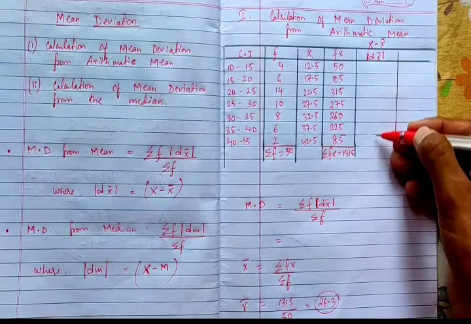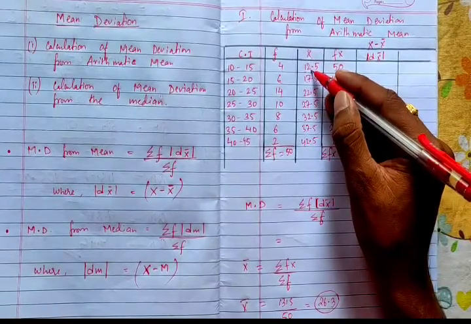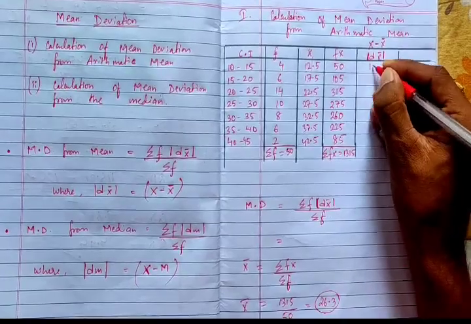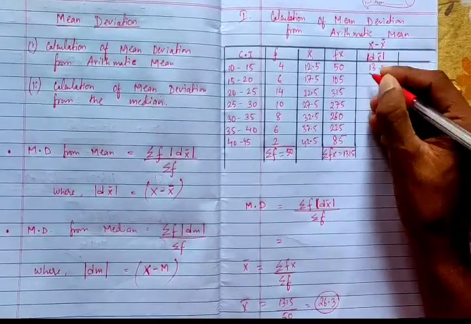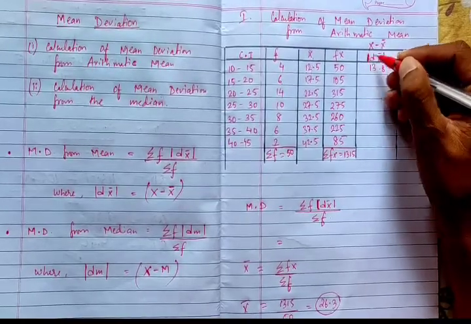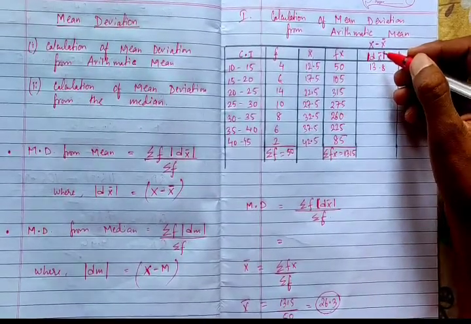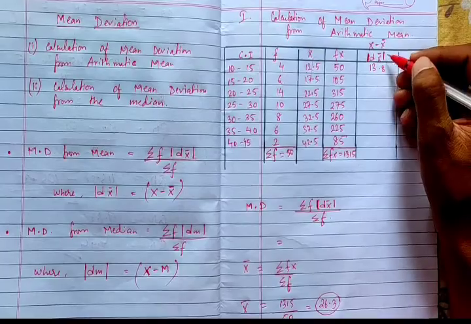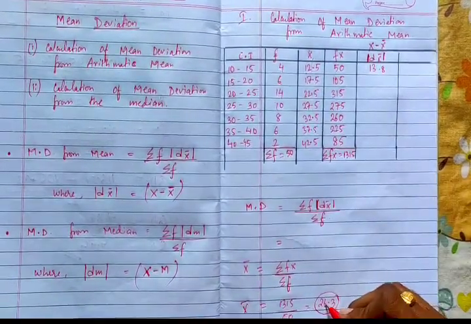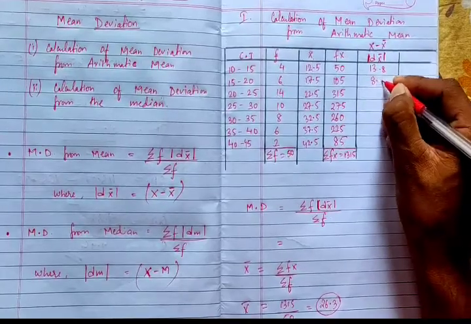This way we'll fill up this column. 12.5 minus 26.3, we get minus 13.8. We will not write minus because we have this modulus bracket, so minus will be ignored, no need to put the minus sign. Clear? Next, 17.5 minus 26.3, you will get 8.8.